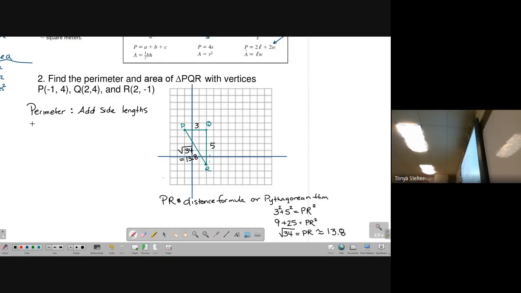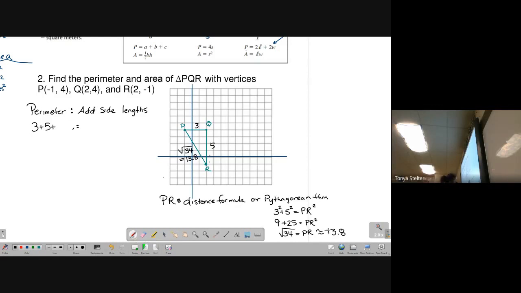So now perimeter, we add up all three sides. 3 plus 5 plus 5.8. Add those up. Oh, I'm sorry you guys, I'm looking at my paper to shortcut what that is. That's the answer.